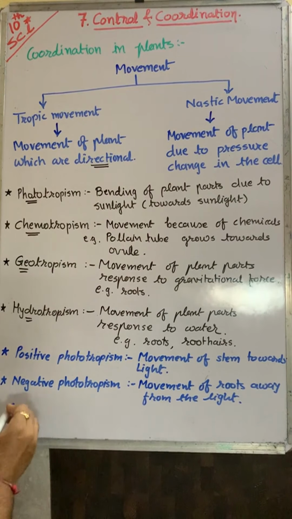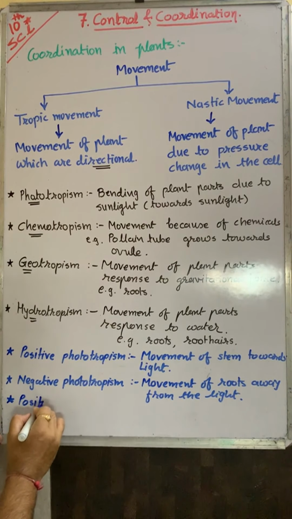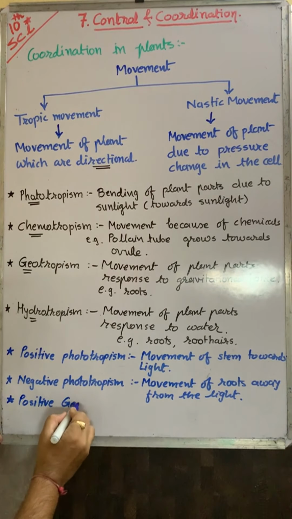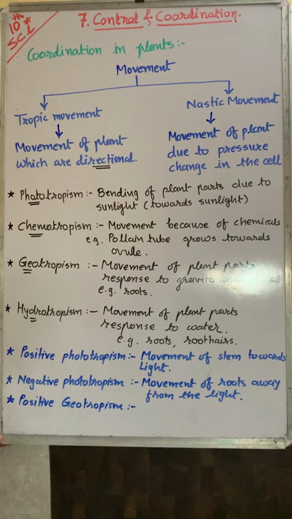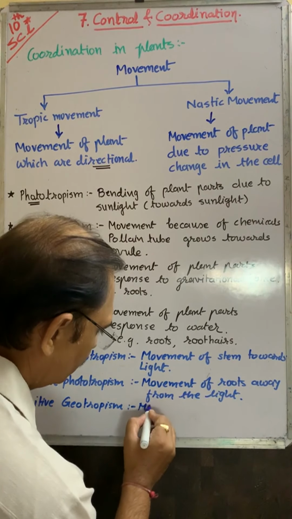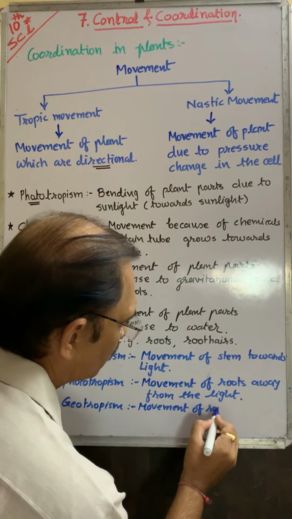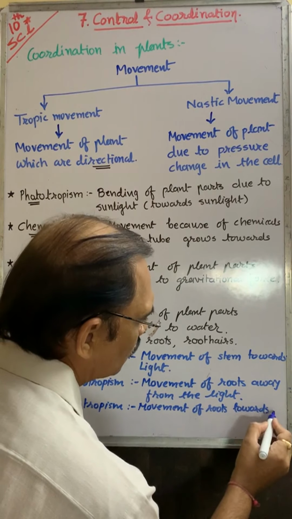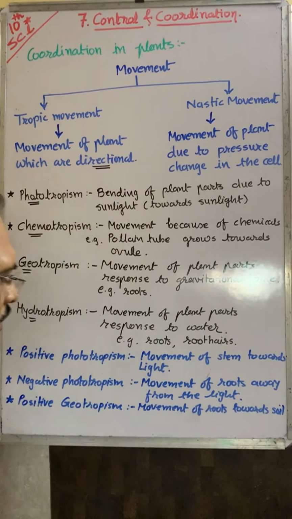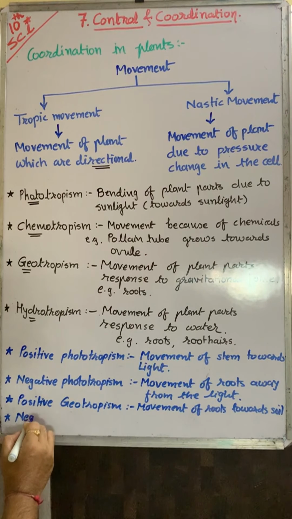In the same manner we can write positive geotropism: movement of roots towards the soil or earth. That is called positive geotropism. What is negative geotropism?